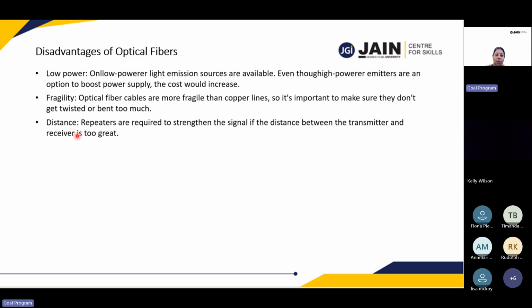Distance. Repeaters are required. Repeaters are a network device, and this network device is called a repeater. When you are working for so long, for example, you got up at 4 o'clock in the morning and you are working continuously till night, 9 or 10 o'clock, you will get tired, right? So in between, what will you do?